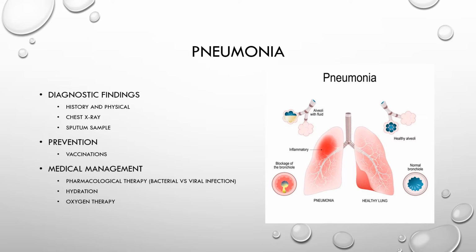This would be completed in a vented patient or a client who is unable to cough up any secretions on their own. As far as preventative measures, we want to encourage our clients to be up to date on all their vaccinations, in particularly their influenza and their pneumococcal vaccine.